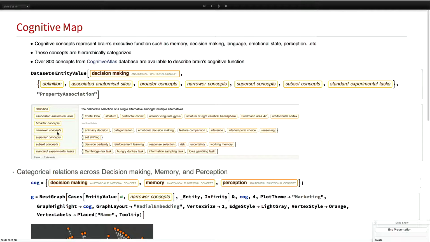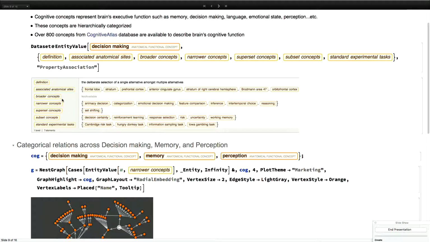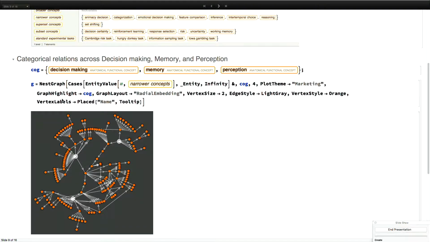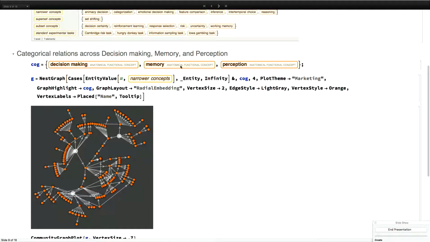For example, definition, associated anatomical site, and some hierarchical relationships. And by looking at these hierarchical relationships, we can illustrate how some of our fundamental cognitive functions, for example, decision-making, memory, and perception are related to one another. For example, here, memory, perception, and decision-making are highlighted, and they're connected.